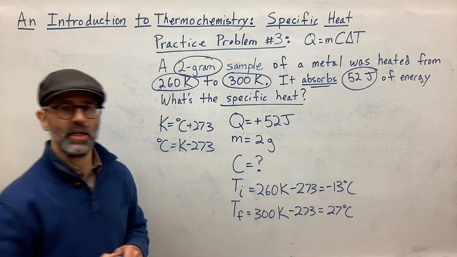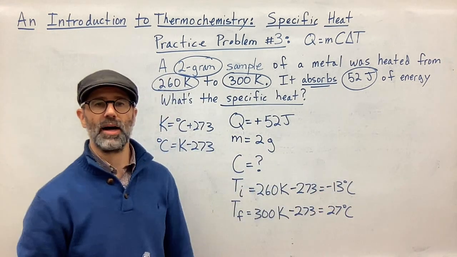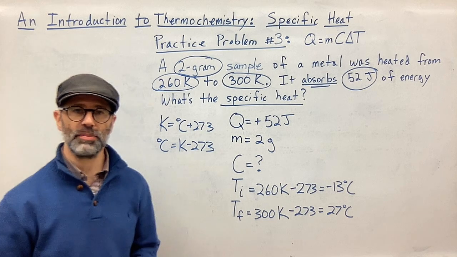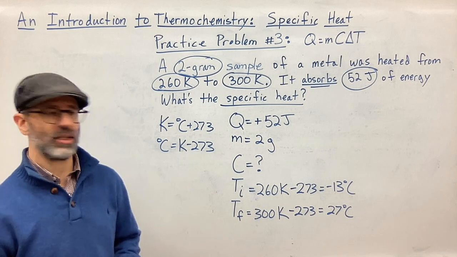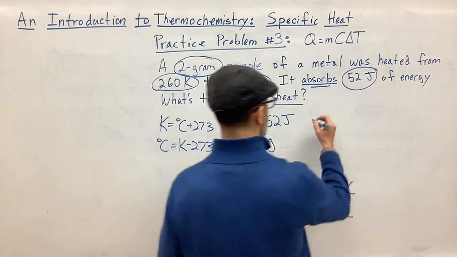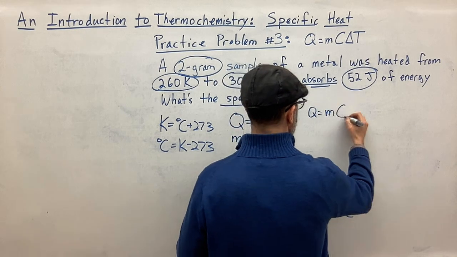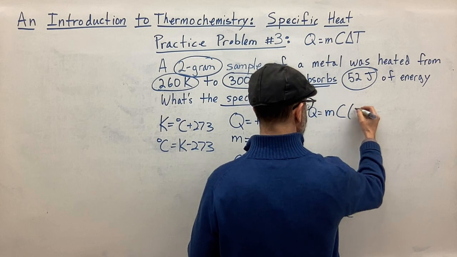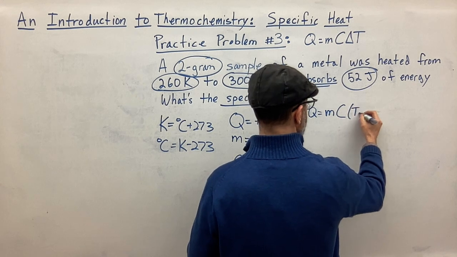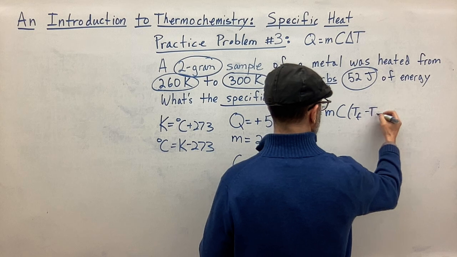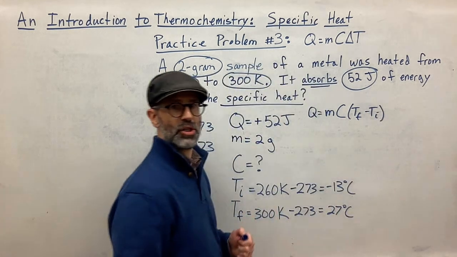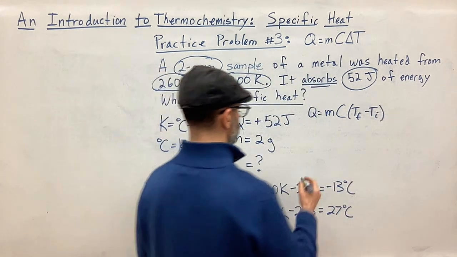So there's our initial and final temperatures. So now we plug everything into our equation. So here we've got Q is equal to MC delta T, and delta T again is final temperature minus the initial temperature. So we're going to plug our values into there.